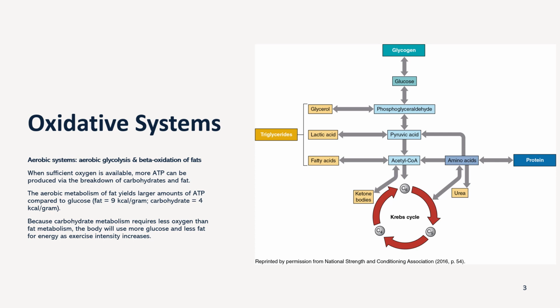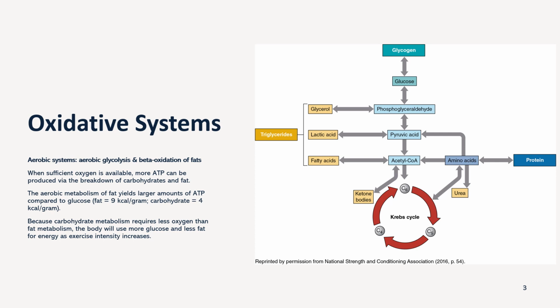Once it's inside the mitochondria, the acyl-CoA undergoes beta oxidation, a series of enzymatic reactions. During this process, the fatty acid chain is broken down into 2 carbon units, acetyl-CoA, through sequential oxidation. Each cycle of beta oxidation generates NADH, FADH2, and acetyl-CoA.